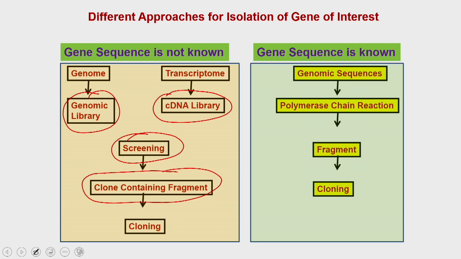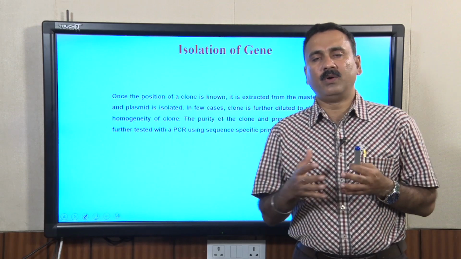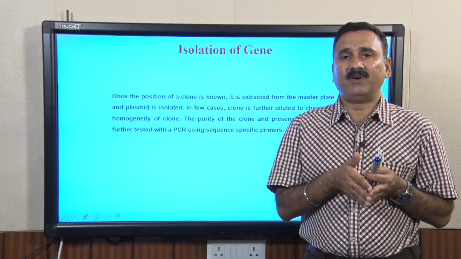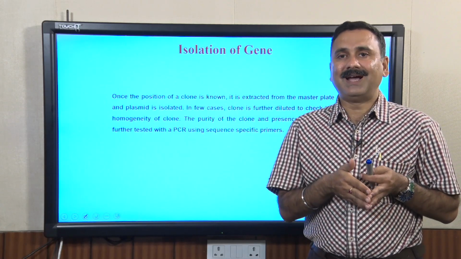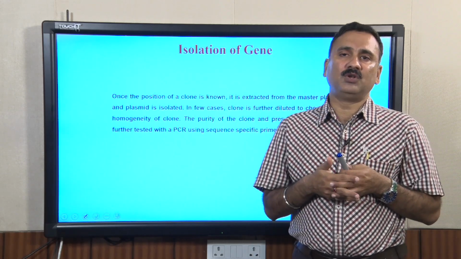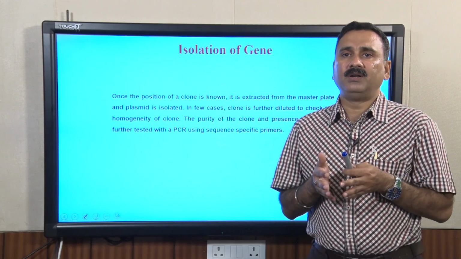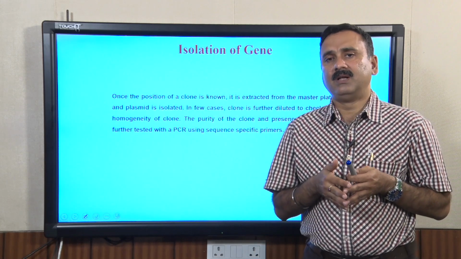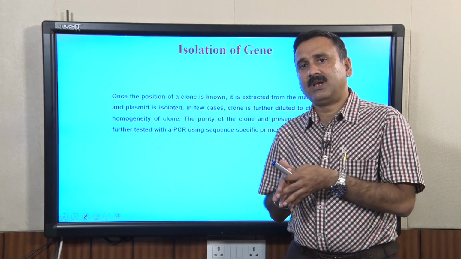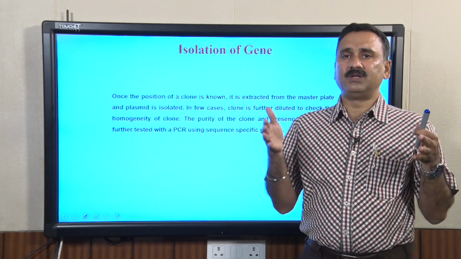It is always important to remember that you are not going to get a single clone, you are going to get multiple clones. As I said in the past when we were discussing the genomic library, if you screen a genomic library, the success of getting the right clone depends on the number of clones you have prepared in the genomic library, or the number of clones representing your genomic content, as well as how that particular content is being distributed.